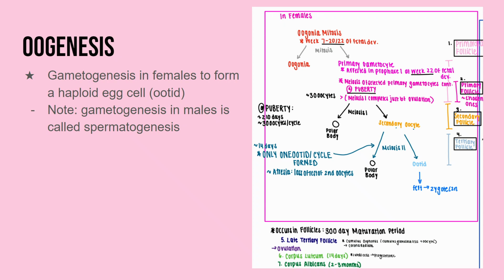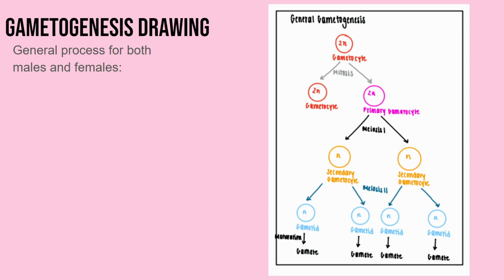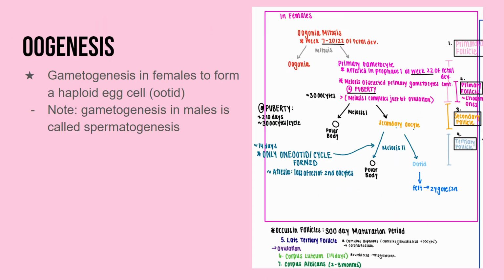So again, I kind of just put this here for when you're studying, like if you want to draw it out yourself, you can reference this. But it's analogous to this flowchart. Just now we have specific names for things that apply to females.